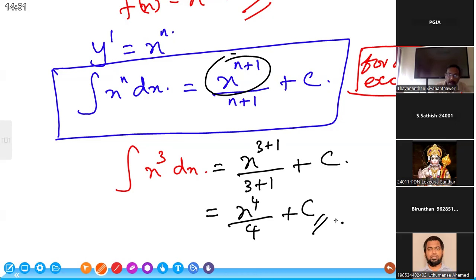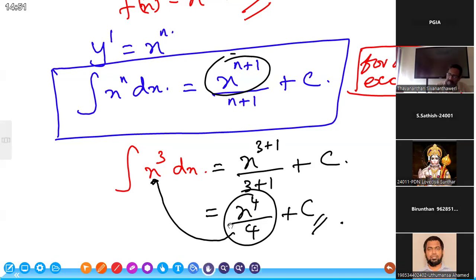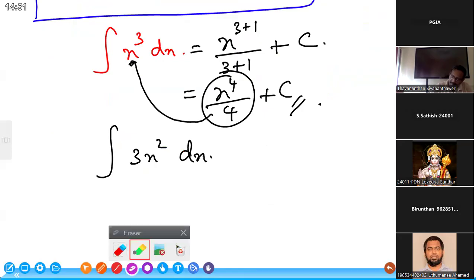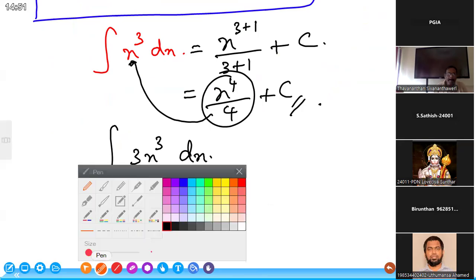If you have a doubt, try to differentiate and see whether you are getting x to the power 3. So no problem. Right? Another example, 3x to the power 2 dx. Yeah, we have done. Give me a second. 3x to the power 3 dx.